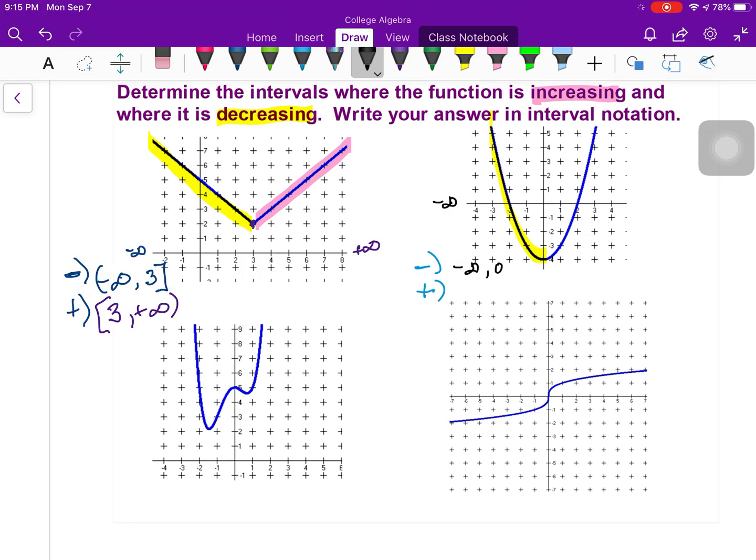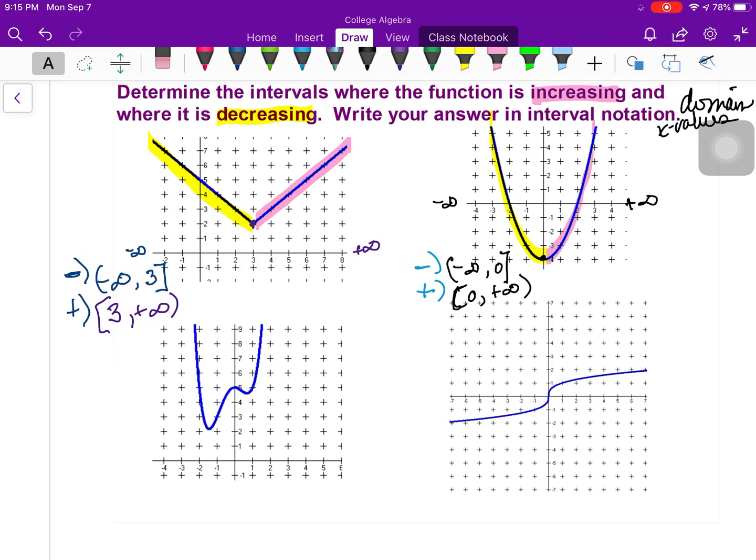We always give our increases and decreases over our domain, so that is over our x values. Infinities cannot be included. The 0 is a point, so that is included. Then my function increases. So from 0 over here all the way to positive infinity. So 0 is a point, so it's included. Infinity can never be included.